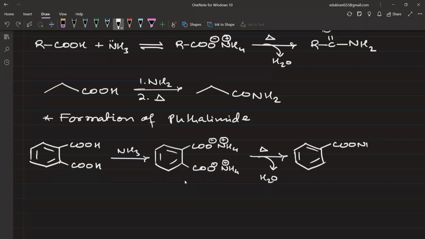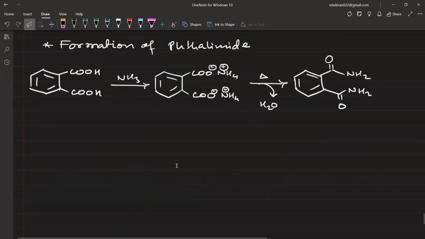like this. See here. Double bond O, NH2, NH2, and here you will have double bond O. Now, once you heat this one more time, and this will be extreme heating, this will liberate NH3.